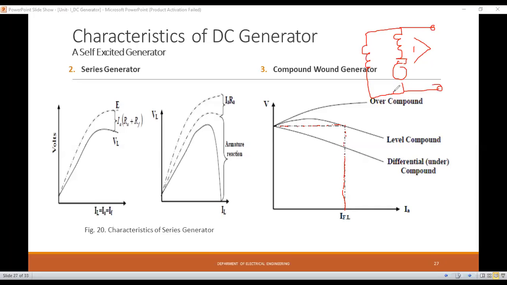Okay, see, we are adjusting the series field winding like that. जर series field winding आपण अशा adjust केले, so adjusted that if the increase in load current, जर load current increase झाला, तर induced EMF जो काय आहे, the terminal voltage or the induced EMF, it will increase. So this condition is called an over compounded generator.